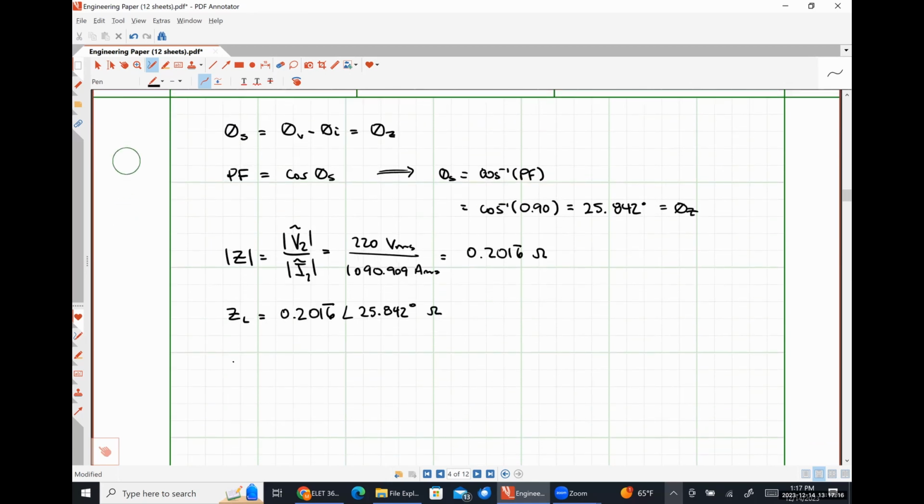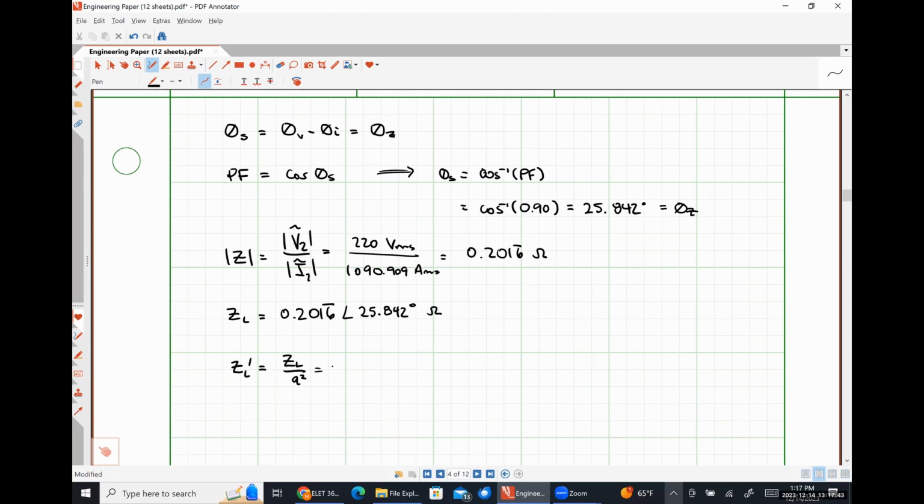Referred to the primary side, that's just going to be ZL over A squared. What's A again? It's our turns ratio, right? Were we given any number of turns or anything?